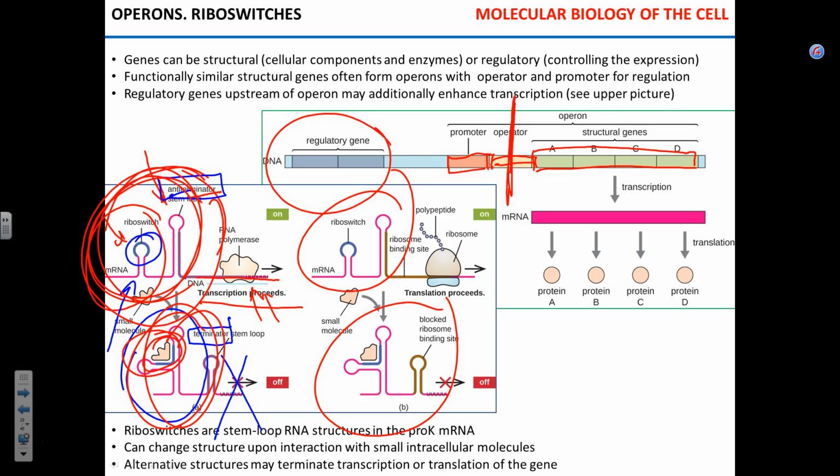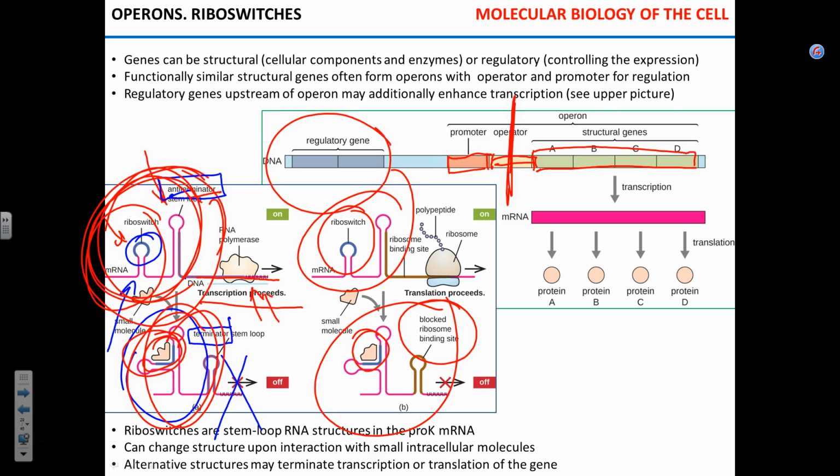During translation, similar things happen. You have a small molecule that binds to the riboswitch and prevents the ribosome from binding to mRNA. No translation occurs. It's the interaction between the small molecule and the RNA.